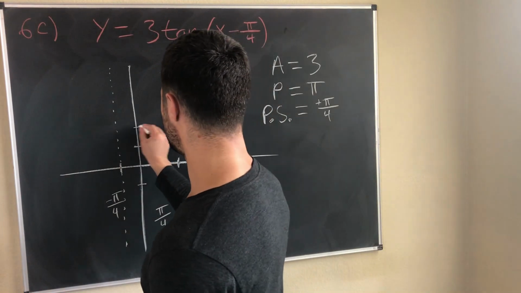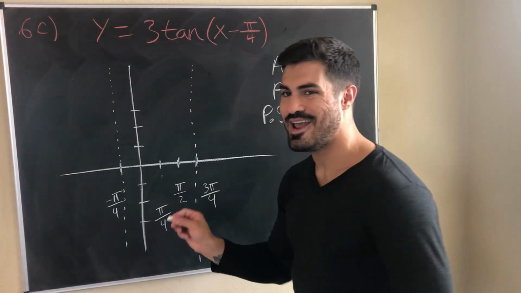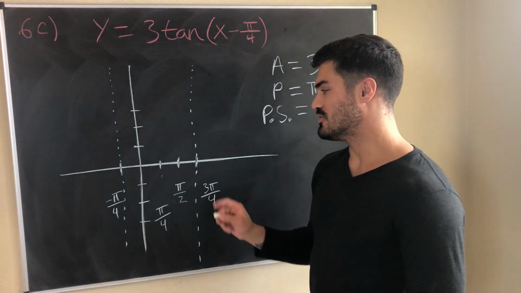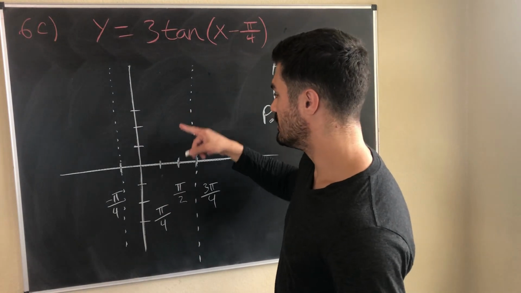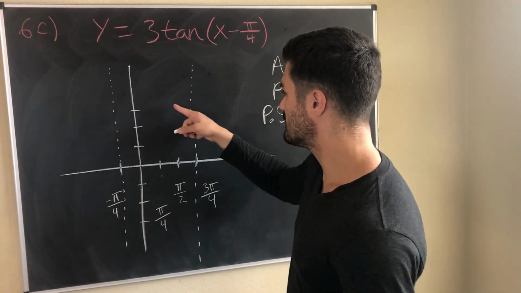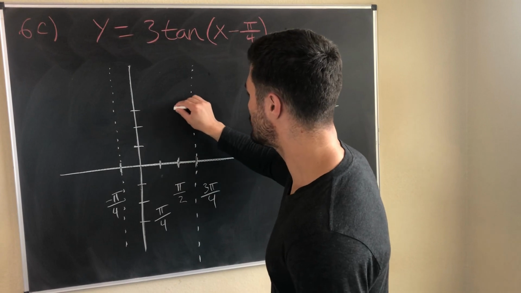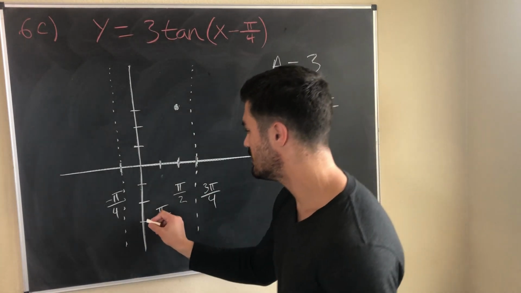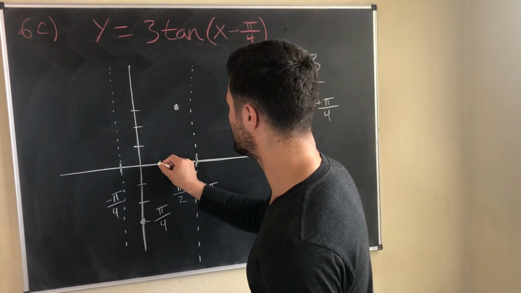So now we're going to have points at 3 and negative 3, okay? And normally this point is at pi over 4, 1. So this point here normally is at 1, but now it's at 3 because of that stretch. So that's what the amplitude does, it stretches it, and now we're down here. But other than that, it looks very similar.